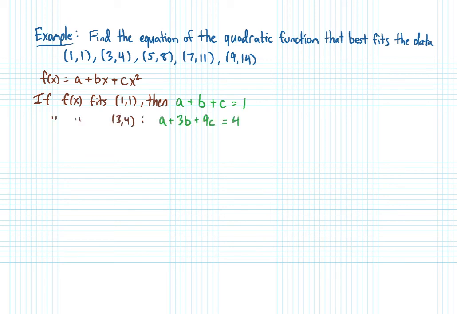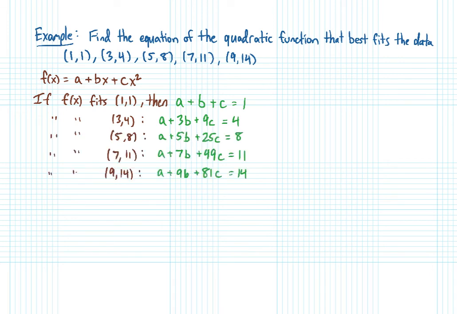And then for f(x) to fit the point (3, 4), we would need a + 3b + 9c to be 4. This comes from setting x equals 3 and f(x) equals 4. And then you can do the same thing for the remaining points. And so what we end up with altogether is a system of linear equations in the variables a, b, c.